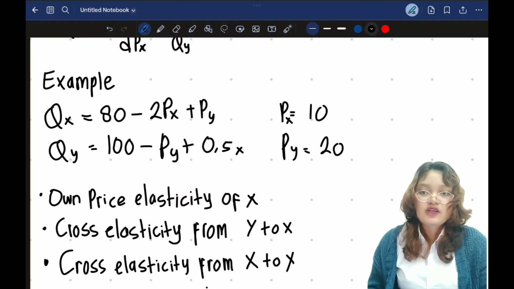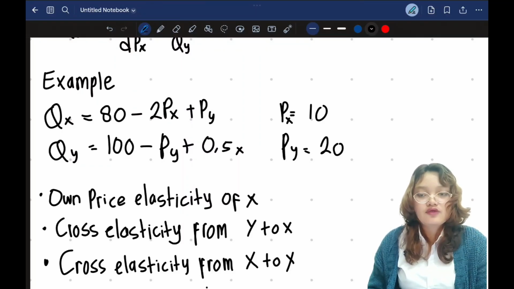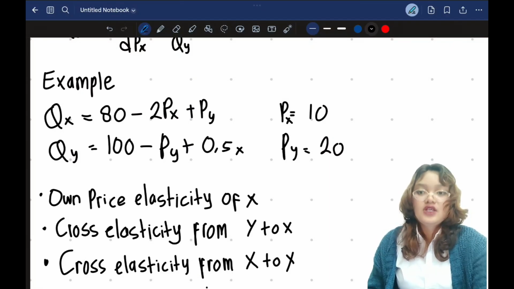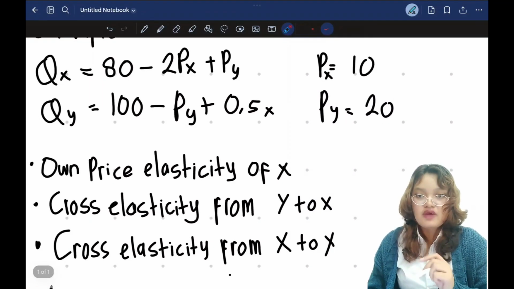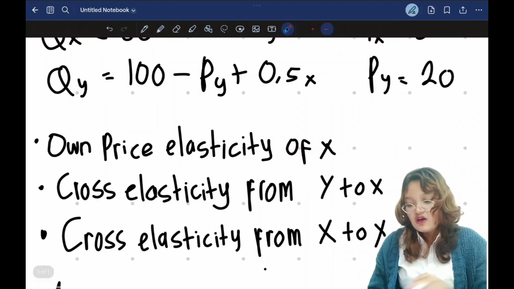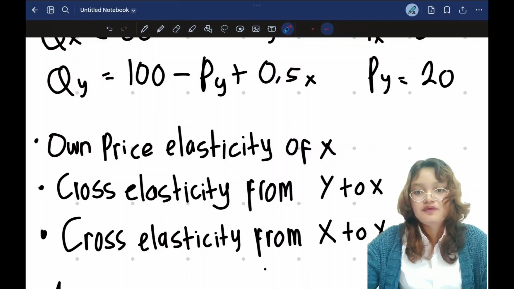So we will explain an example of partial elasticity of demand. In this video, we will explain step by step through an example to learn how to calculate own price elasticity and cross elasticity.